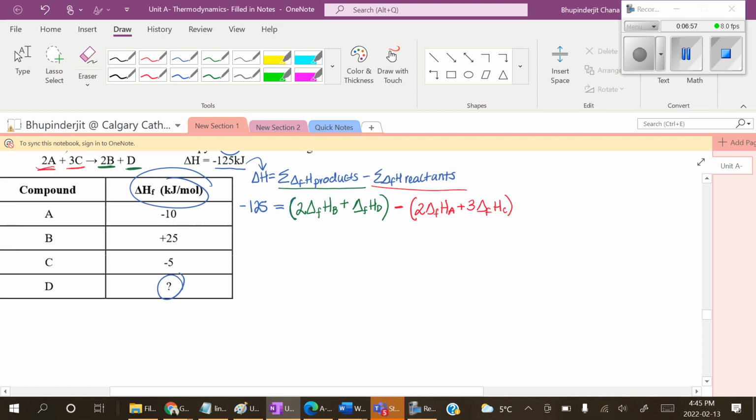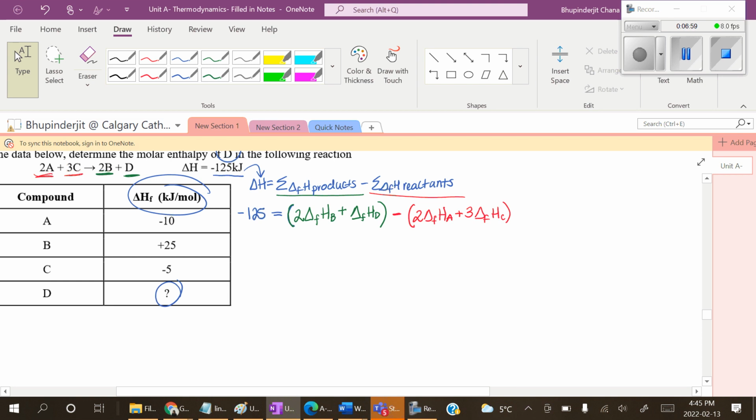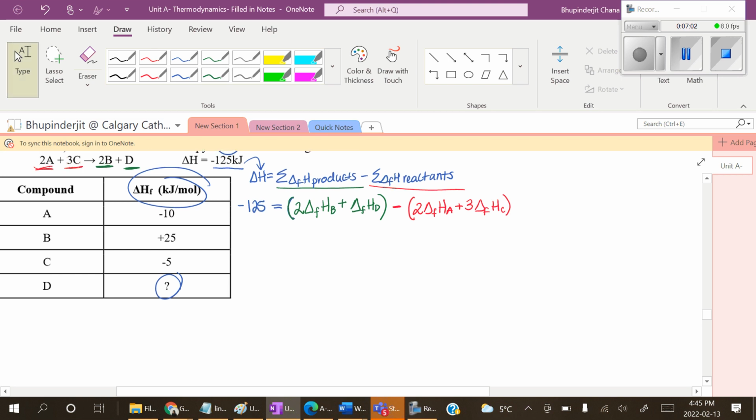Okay, so I want to show this to you because it's the full way, but I kind of have my little shortcut methods. So in the green, we're doing our product. So we have 2B, that's our first product. I have plus 25 kilojoules per mole. I'm going to multiply that by 2 moles.